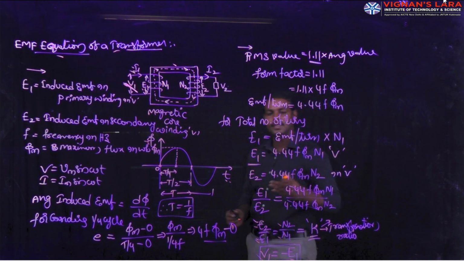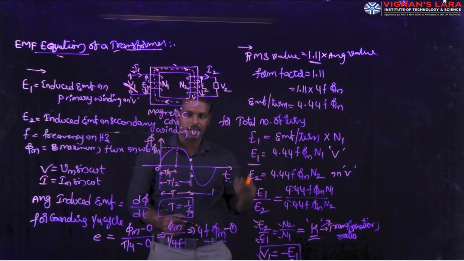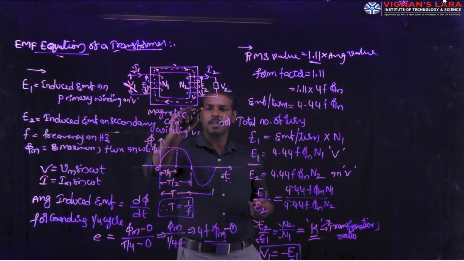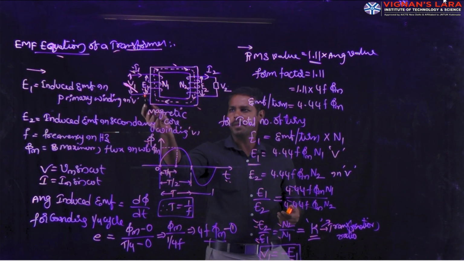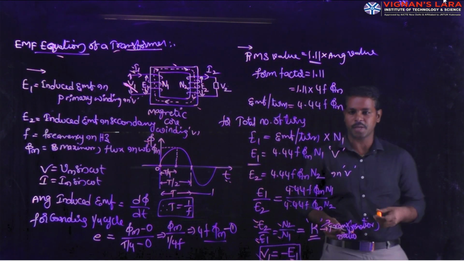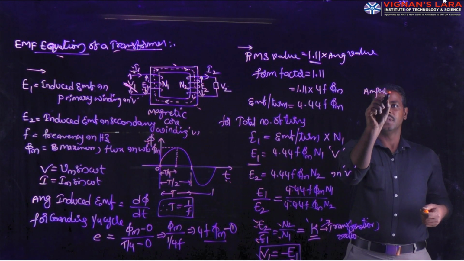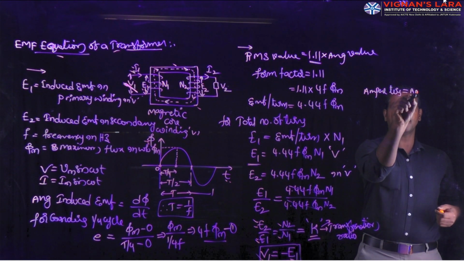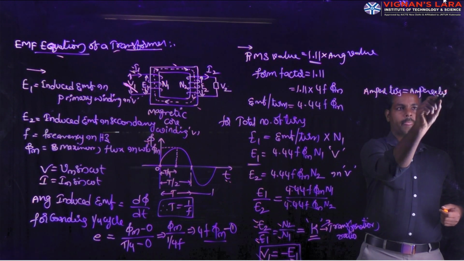Similarly, what is the relation between the currents? We also know this from the last class. The transformer always operates such that the ampere turns of the primary must be equal to the ampere turns of the secondary.